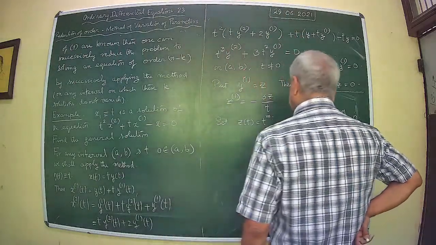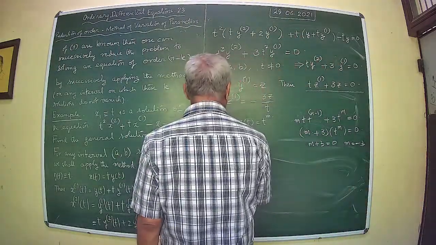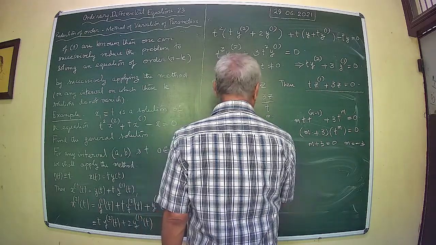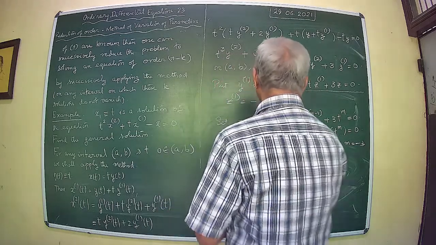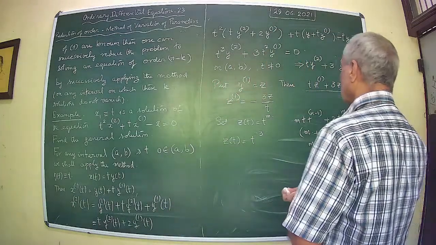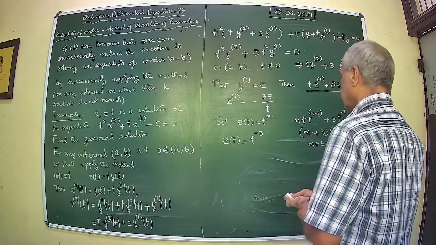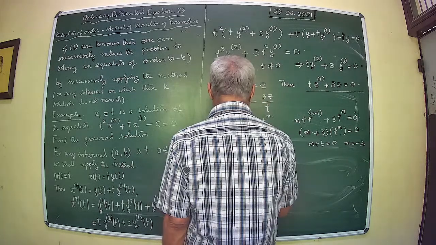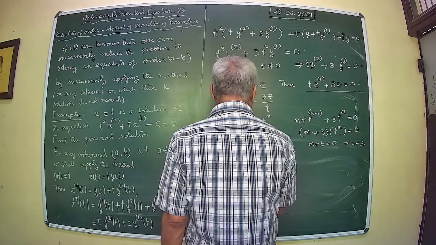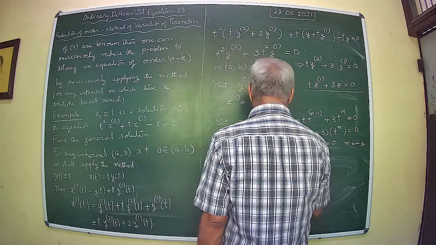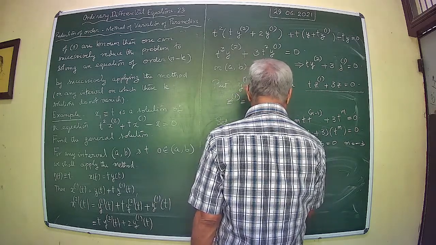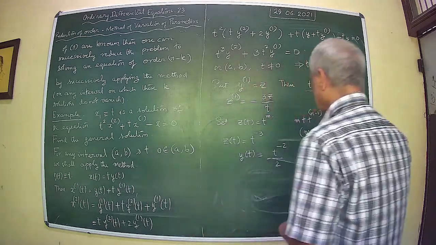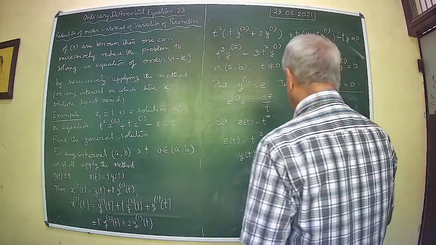Therefore, one gets, and then what is the corresponding solution? We have to integrate this. Integrate this. This is equal to, therefore, yt equal to e to the power minus 2 divided by minus 2. What is the corresponding solution xt?